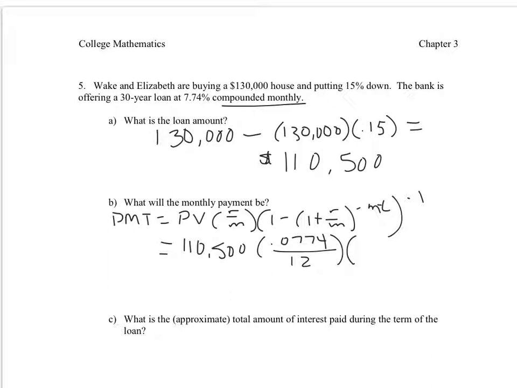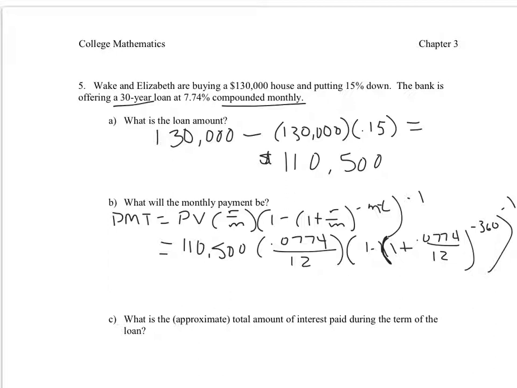And then our big parentheses is 1 minus, 1 plus 0.0774 over 12. That's got to be raised to the negative 12 times, and it's a 30-year loan. That's a negative 360. I just went ahead and multiplied the 12 times 30. And then all of that gets raised to the negative 1 power.